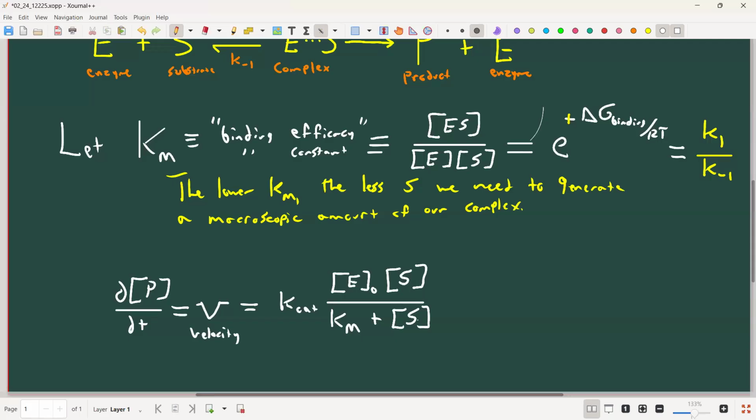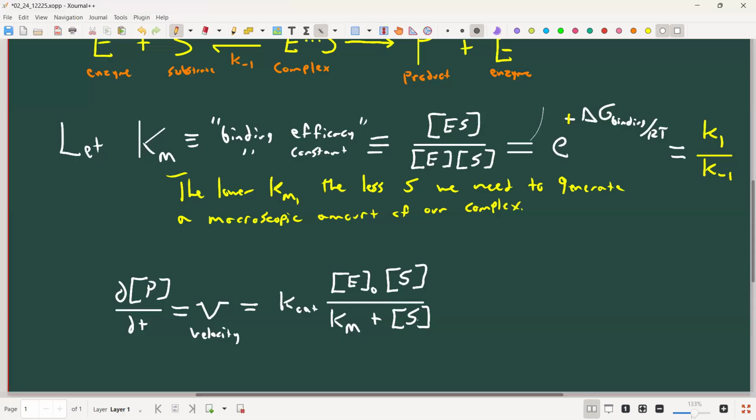If you have more enzyme than substrate, then as you increase the substrate, you start to fill the registers, so the rate of product formation increases as you increase S, but only to some limit. Eventually, if S is very large, then your enzymes are all occupied, and the substrate is all waiting for the enzyme. So we can look at that.